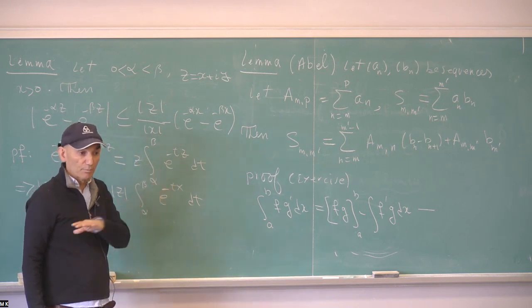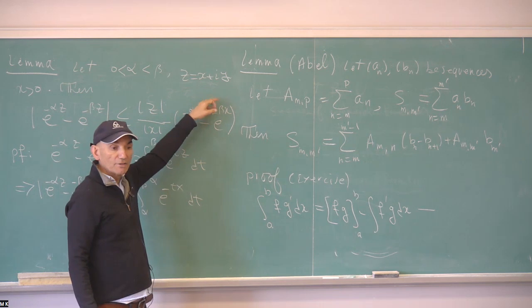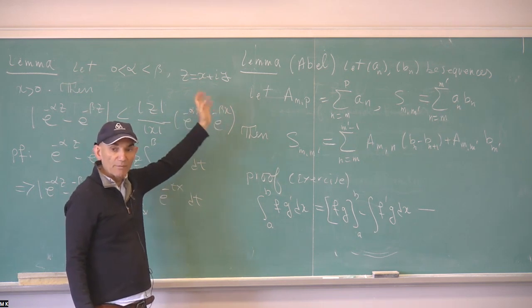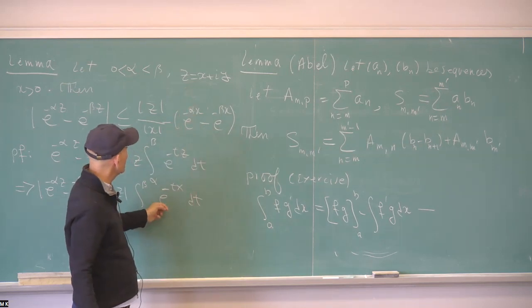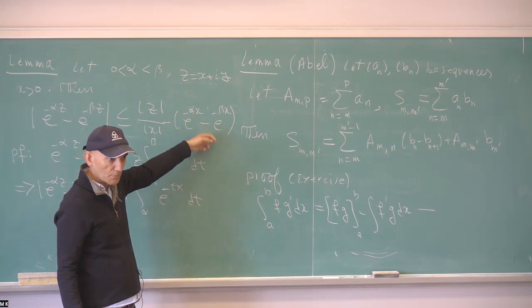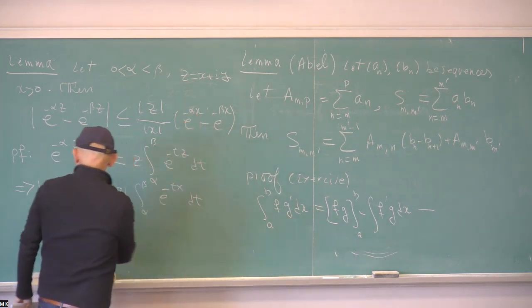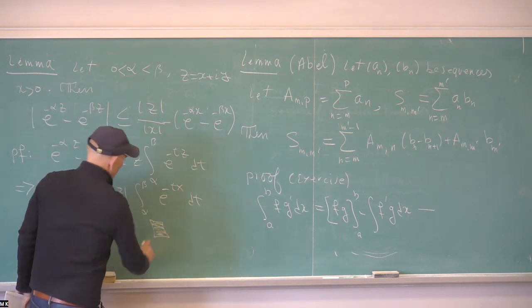Well, t is a real parameter, and z is x plus iy. E to the iy is just a phase, it disappears under absolute value. What remains is e to the minus tx, and that's this one. And then you integrate that, you get this. So let me not write it, but you know what.